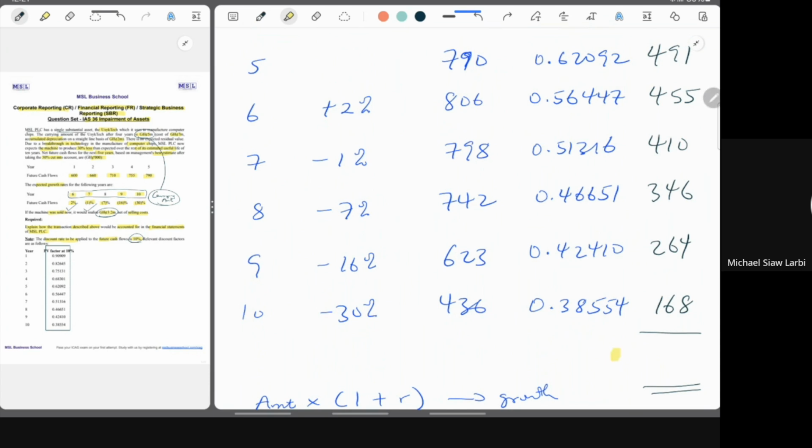I got 4,273. This is your value in use. So this is our value in use.